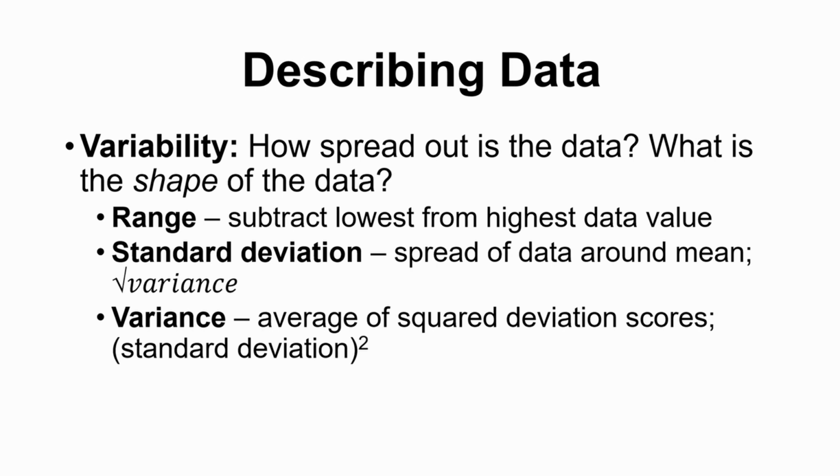But what that standard deviation or variance is telling us is basically how far our scores tend to be from that mean, from the average for our data. So a higher standard deviation means that our data points tend to be further away from the center, and a lower standard deviation means that they tend to be closer to our average score.